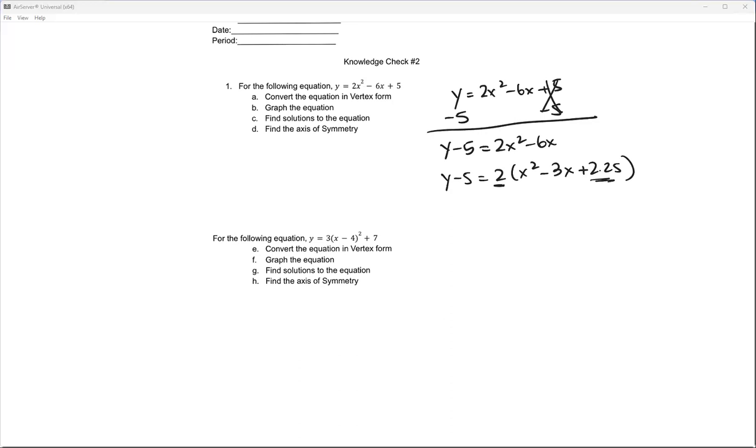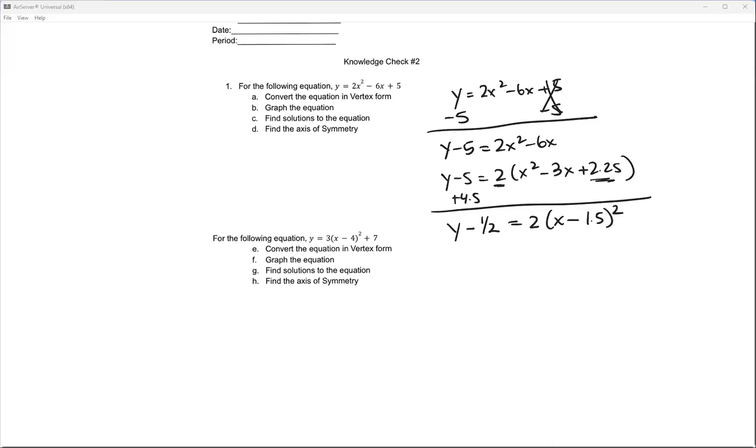So we're adding 4.5 to the other side. So what this gets is y minus 1/2 equals 2 times x minus 1.5, squared.